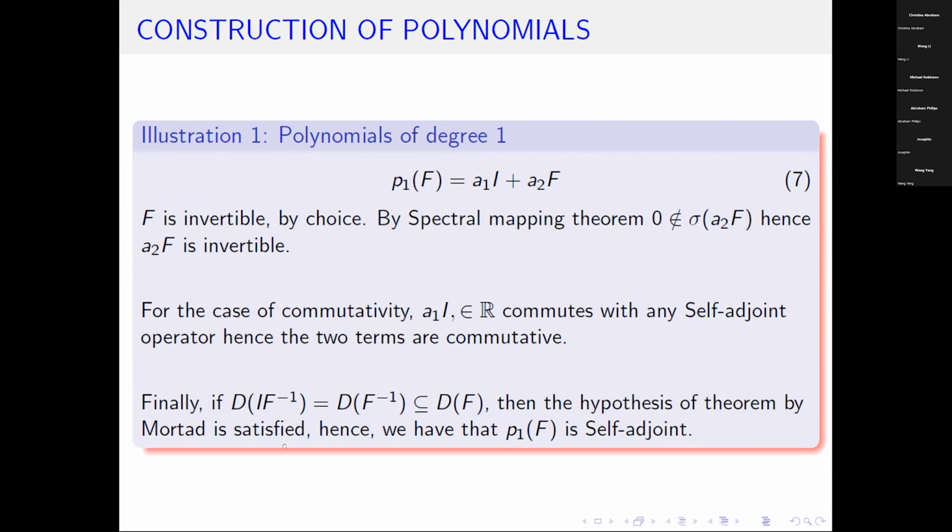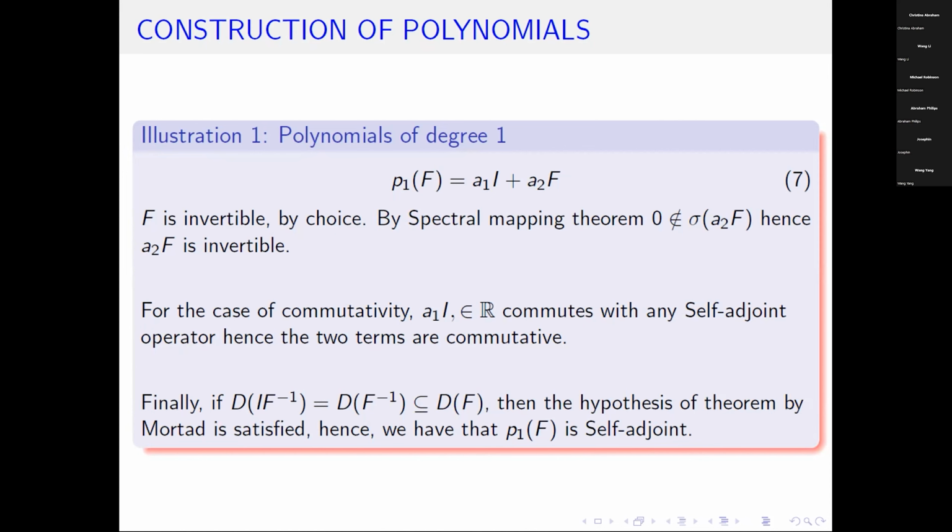And lastly, if this condition is satisfied, that we choose F such that the domain of the inverse of F is contained in the domain of F, then we will have satisfied the hypothesis by Moutard, and therefore come up with a polynomial P_1(F), of degree 1, which is self-adjoint. Therefore, we want to build on that. We now have a P_1 which is self-adjoint. We want now to come up with a P_2, that means a polynomial of degree 2 in F. Therefore, we're just adding one term.